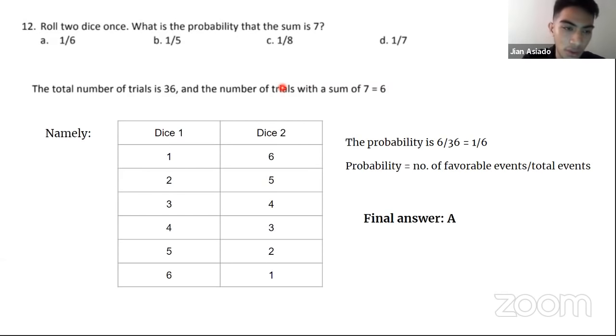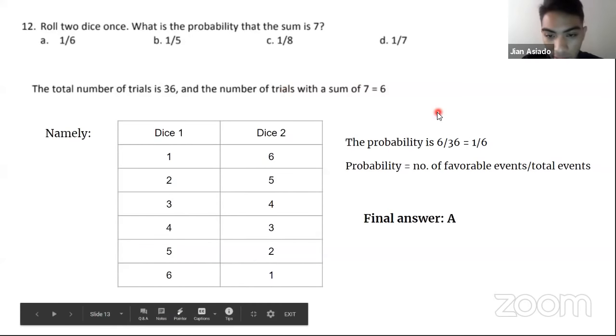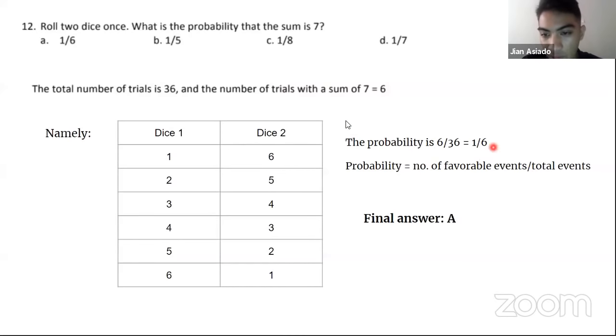These are the possible events we count as favorable: 1 plus 6, 2 plus 5, 3 plus 4, 4 plus 3, 5 plus 2, 6 plus 1. All of these add up to 7, and there are 6 of them. So the probability is 6 over 36, which simplifies to 1/6. So that's A.